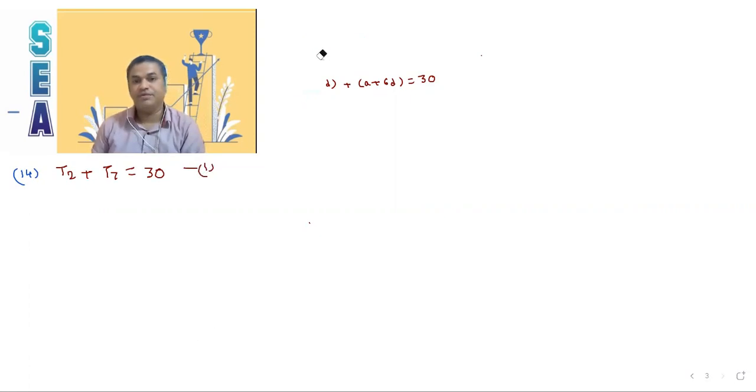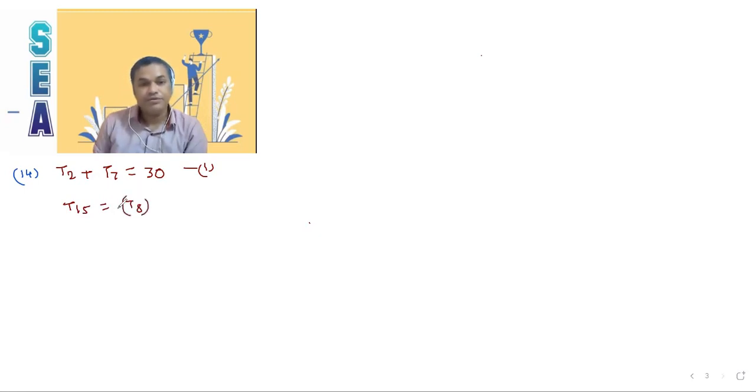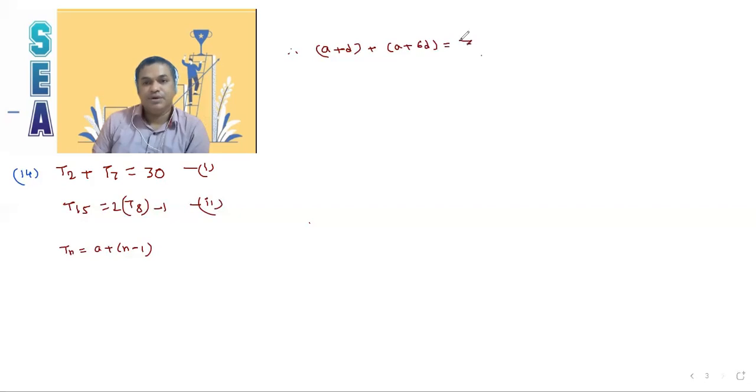And in the second line, they are saying that the 15th term is 1 less than twice of the 8th term. We know that Tn is equal to a plus n minus 1 d, the standard form of the arithmetic progression. So here we'll say that T2 is a plus d plus a plus 6d is equal to 30.